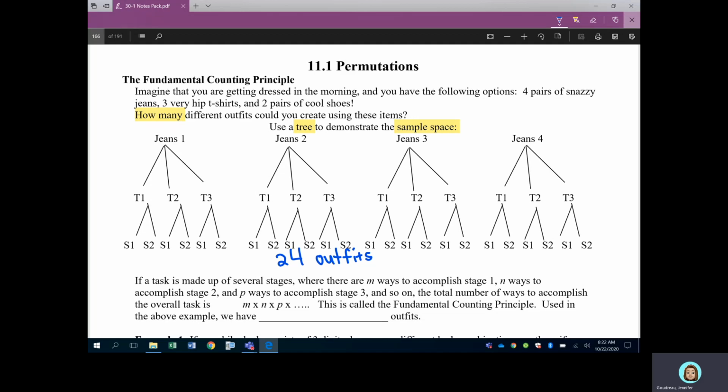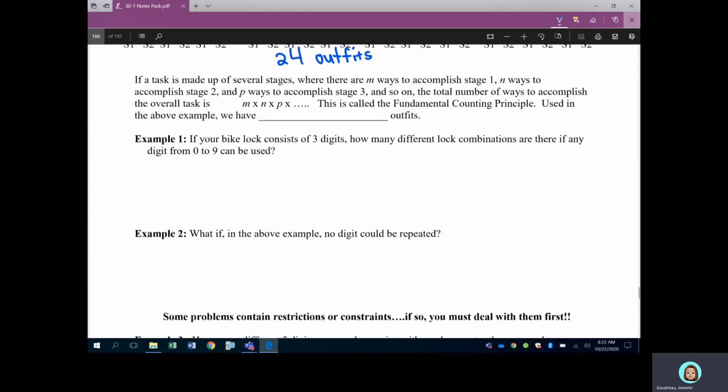So what we need is another way that's going to calculate the number of different outfits without having to write out all the different outfits. And that method is going to be the fundamental counting principle. So let's read this paragraph here.